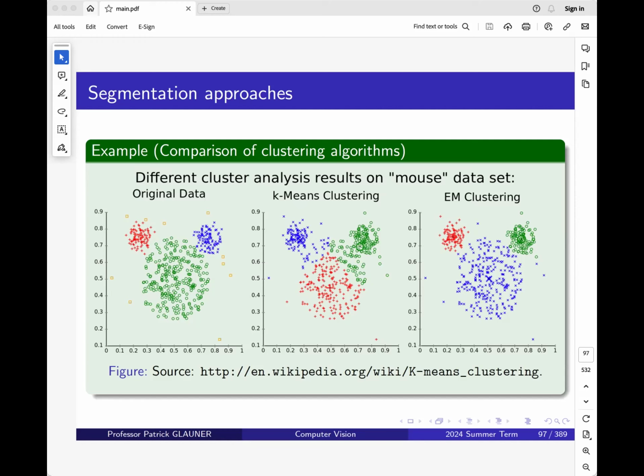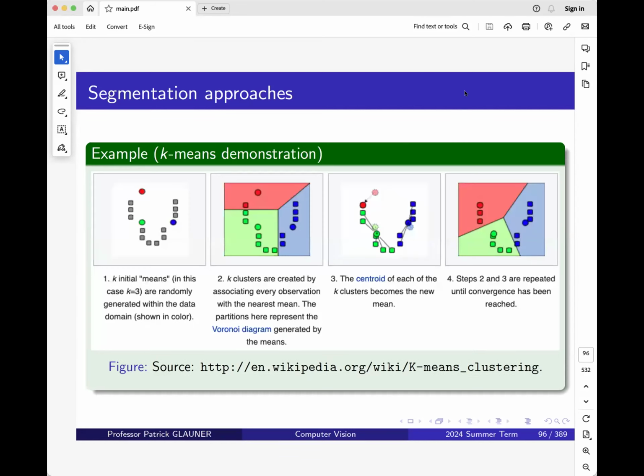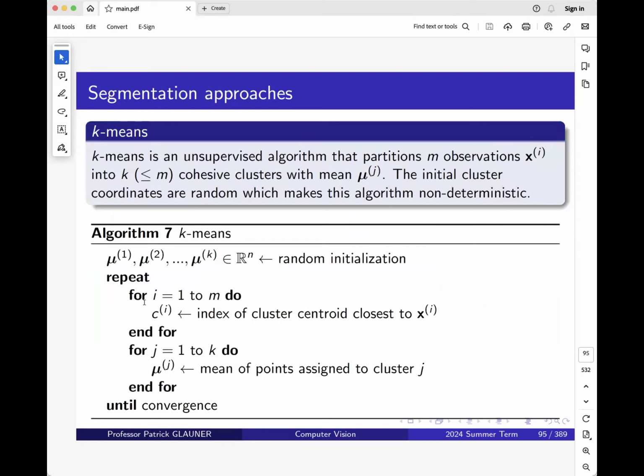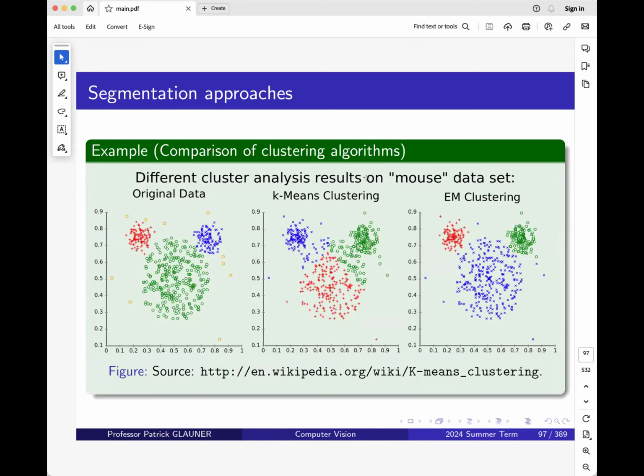Then we have the EM clustering. And EM clustering is actually, if you study it in depth, also a generalization of k-means clustering, because the E step for expectation would be the first loop, and the M would be the other step. So EM is quite a complex statistical technique. We'll probably look into it a little bit more in other chapters in this course. But you wonder, why does it give me a different result than k-means?